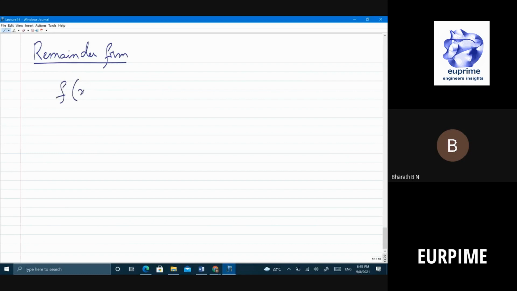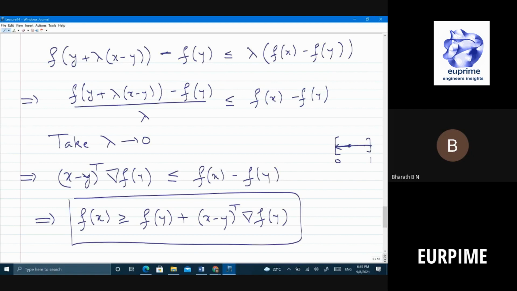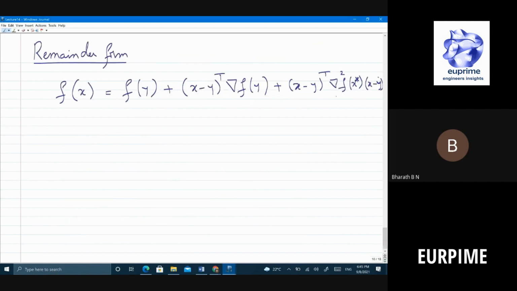So f of x around y, right? It's f of y plus x minus y transpose times the gradient of f at y plus, I stop at the second order, x minus y transpose times the Hessian of f at some point x star, times x minus y, divided by 2, right?